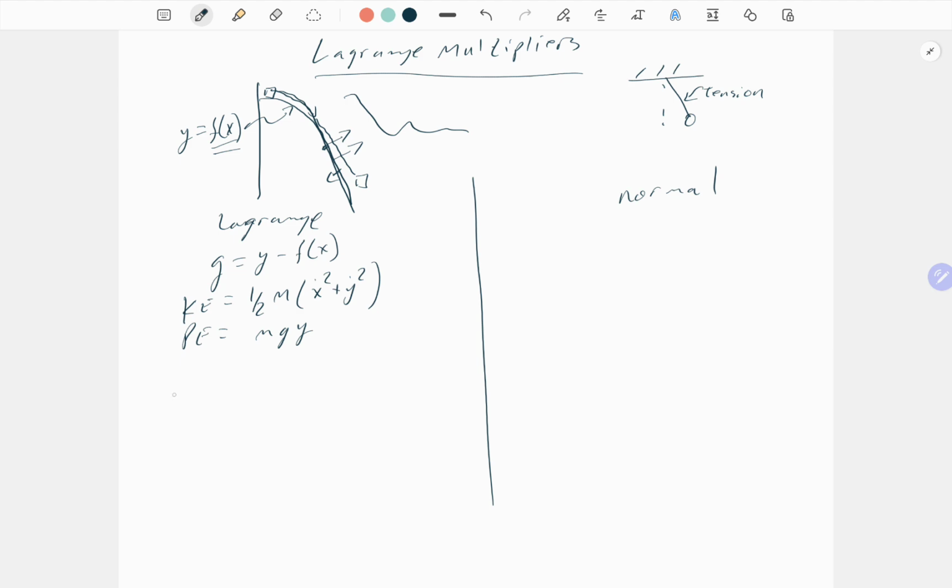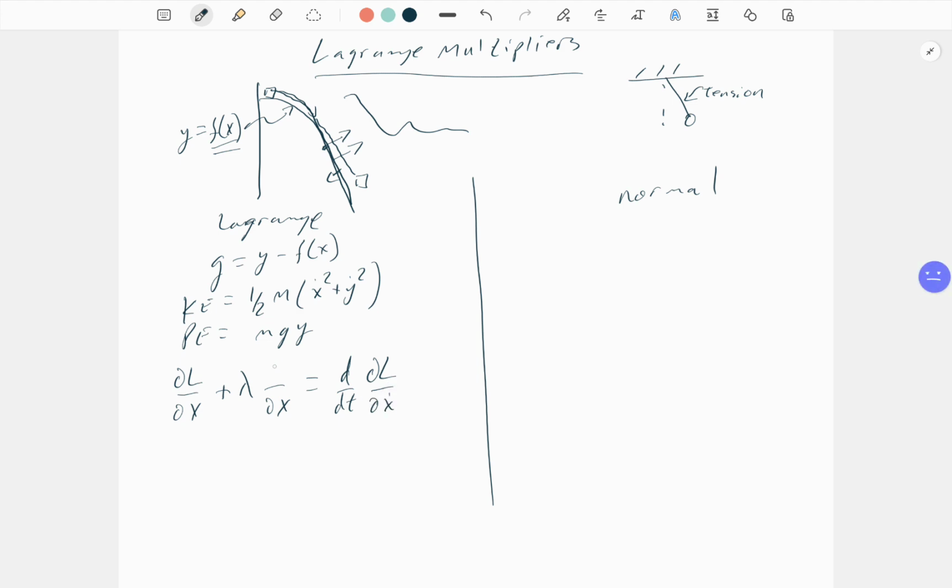And then our differential equation, we're going to get two of them. We're going to have dL/dx plus lambda, I'll do it the way Rhett does it, dL/dx equals d/dt dL/dx dot, sorry, one mistake here.